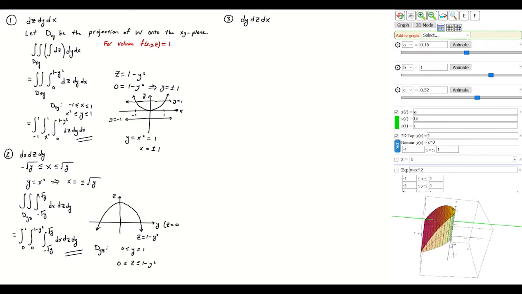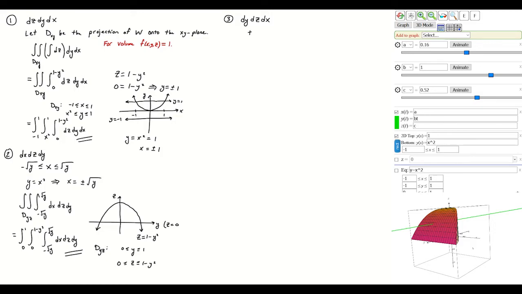All right, so let's go ahead and write that down. Let's do the bottom first. Our bottom surface is the parabolic cylinder y equals x squared, and our top is the surface z equals 1 minus y squared.